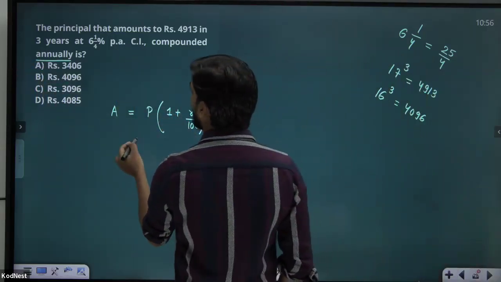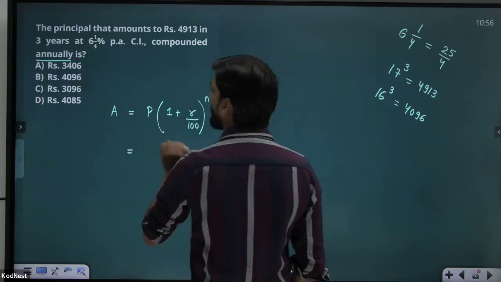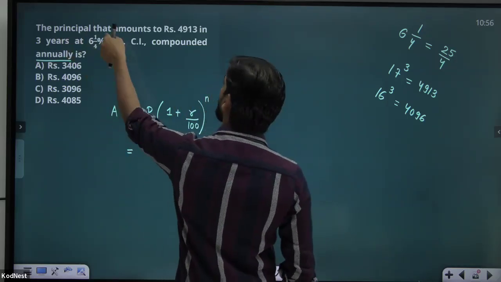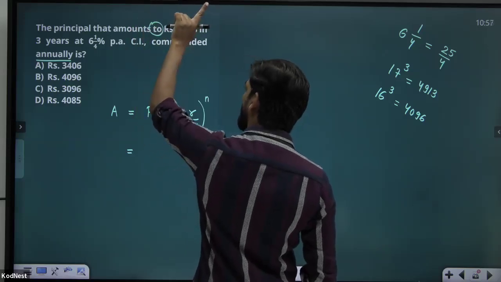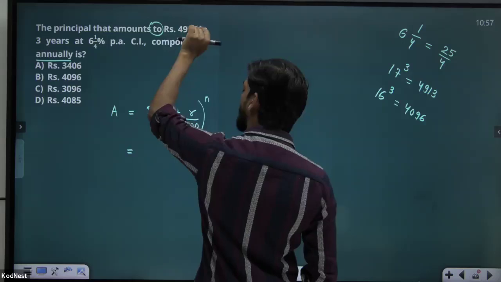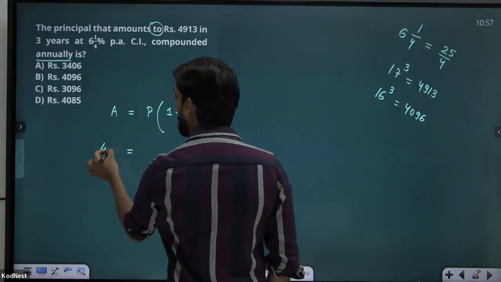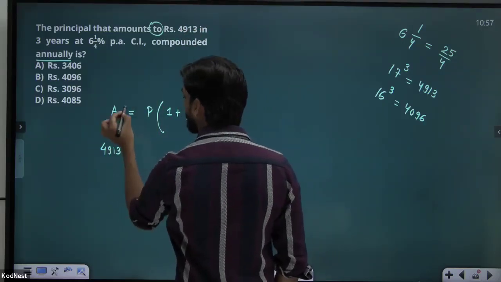So principal is not given, final amount is given. The principal that amounts to, I've told you this, amounts to means future. In future, the account balance will be this. So future balance 4913.